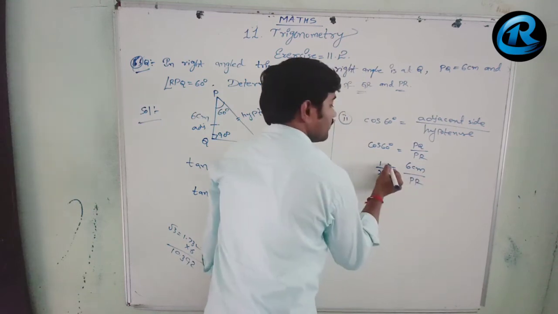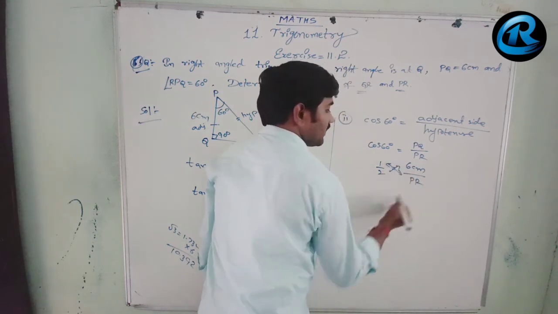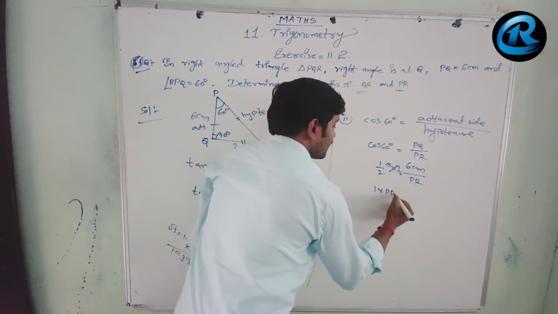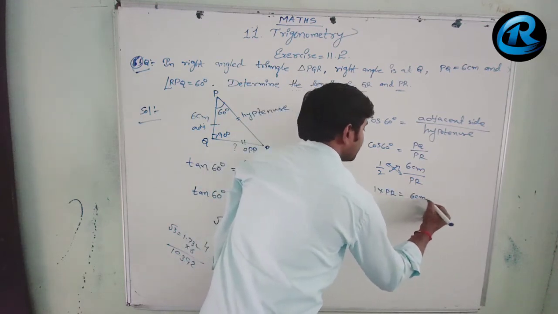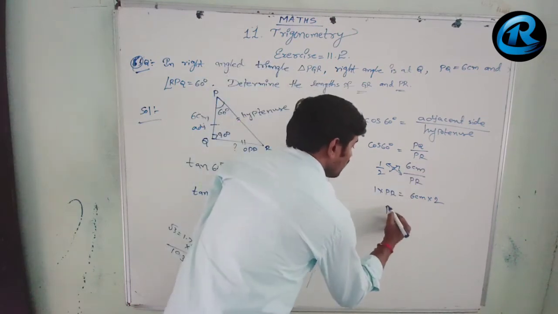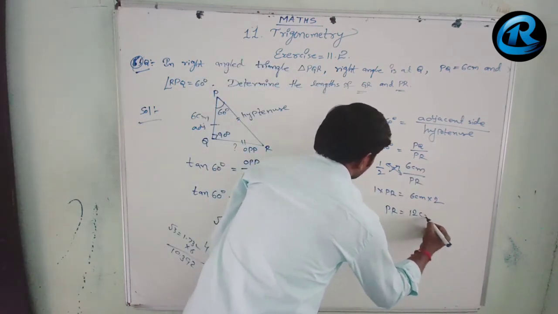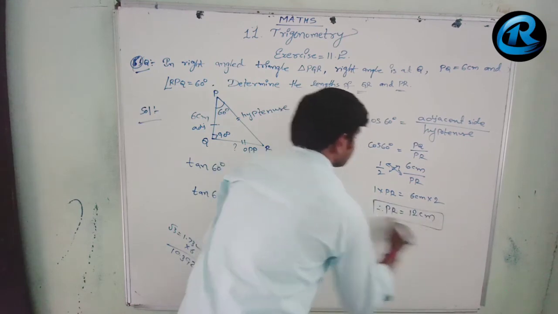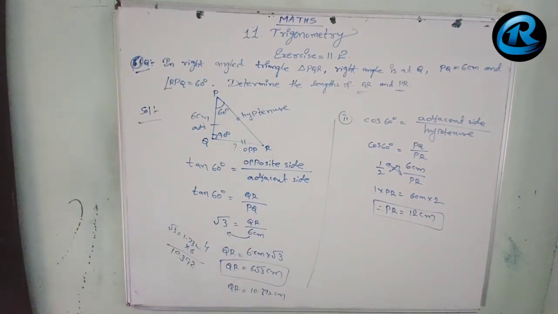By cross multiplication, what do we get? 1 into PR equals 6 centimeter into 2. So PR equals 12 centimeters. I hope you understood that.